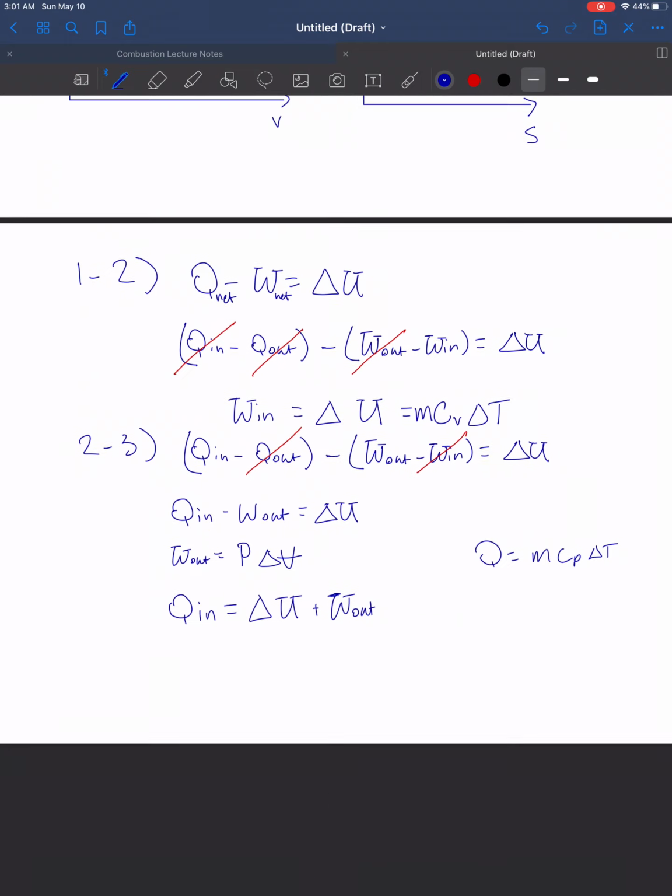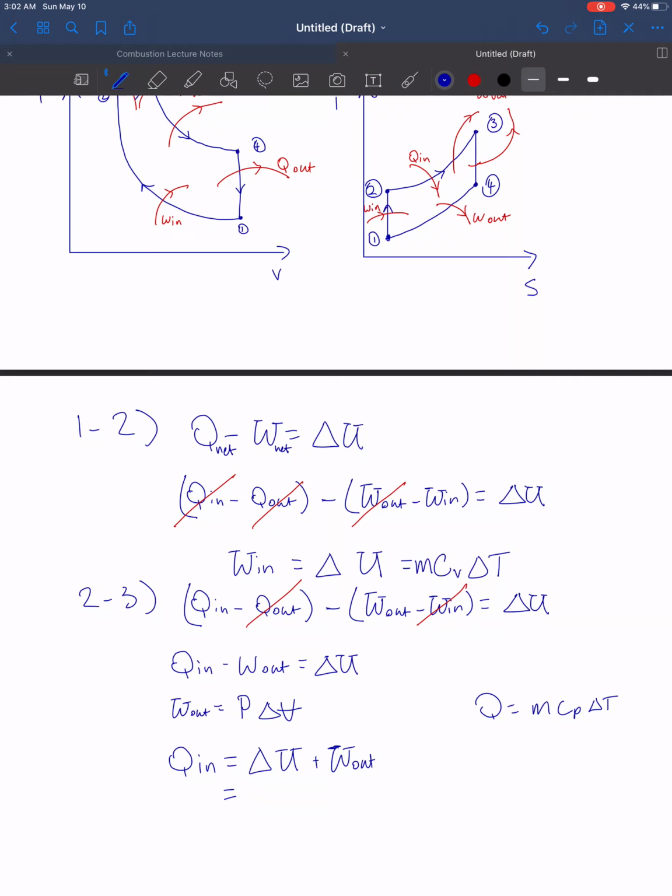Now I know that my formula for U is equal to, you know what, I'm going to solve this in lowercase just to get rid of our m's and everything. But let's say I wanted to find my Q in. That's going to be equal to du, sorry, that's not supposed to be capitalized, but I'm just going to say du minus my work out, right?